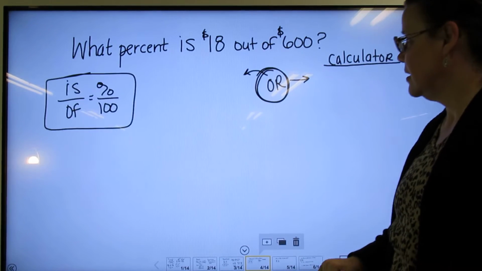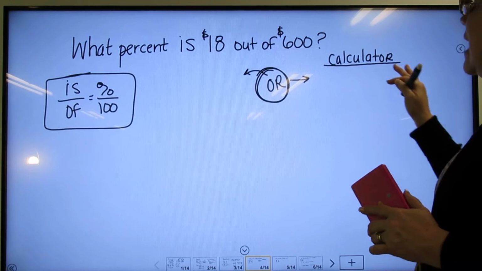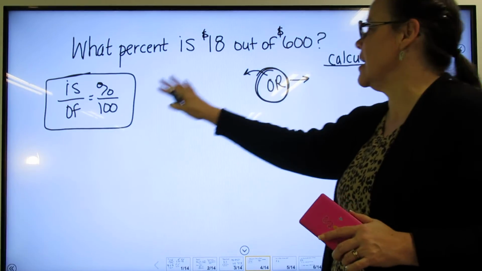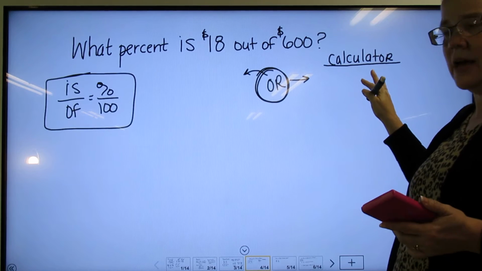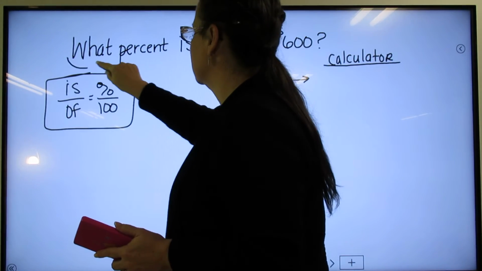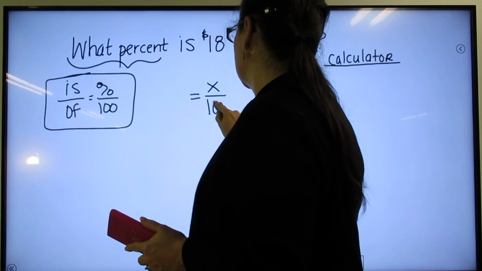We're going to do a few more. Next page. What percent is 18 out of 600? And I have an or there because you're going to do it this way with the formula, and then we're going to do it a little bit more simply with the calculator. So let's see what we have. What percent? That's the part we don't know, so we'll put that over 100.